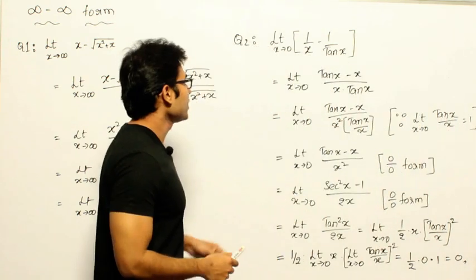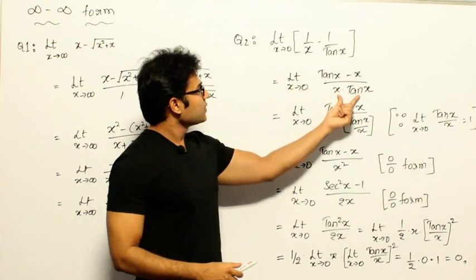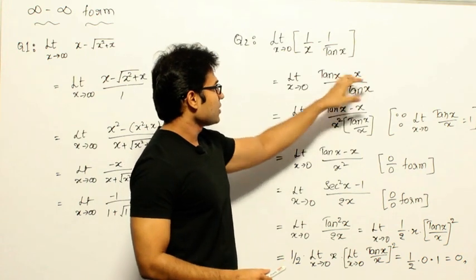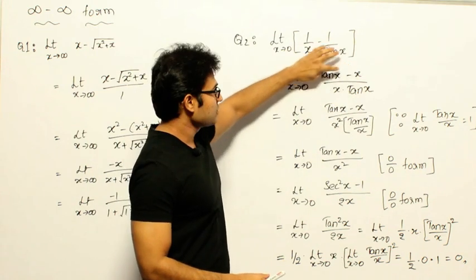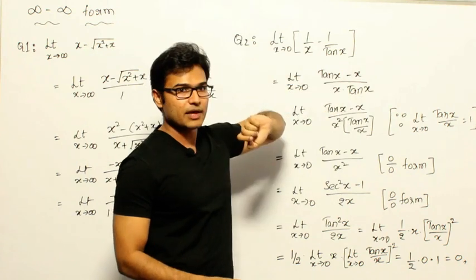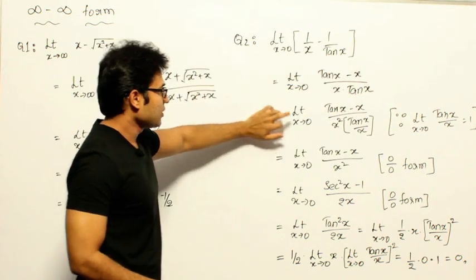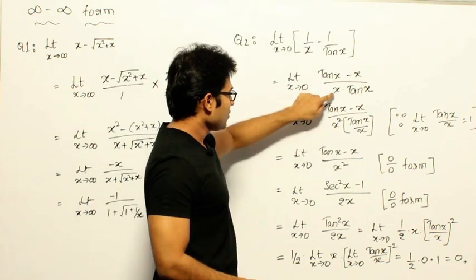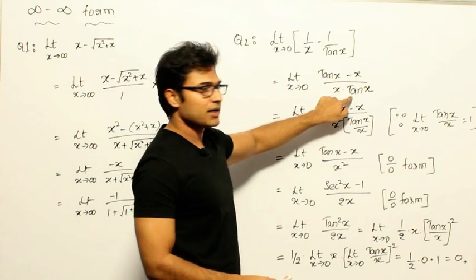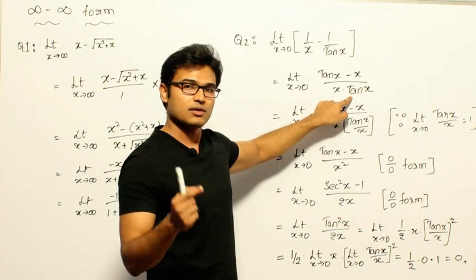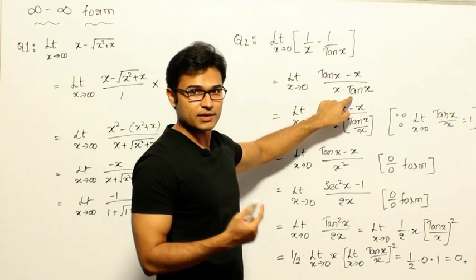Just to simplify it, I have taken the LCM and written it together in one term: tan x minus x divided by x into tan x. Now you are going to get limit x tends to 0, tan x minus x, and you can write it as tan x by x. If you remember, we know that limit x tends to 0, tan x by x is 1.